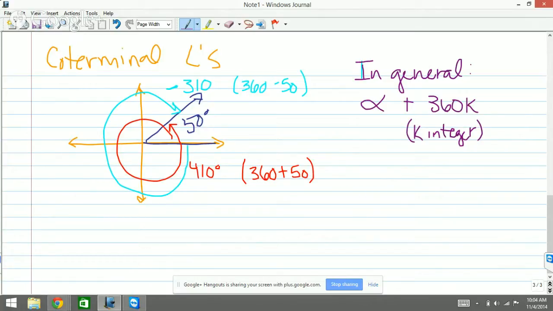So I can plug any integer into that formula. In our example I just used 1. If I plug 1 in, I get 50 plus 360, and negative 1 would be 50 minus 360.